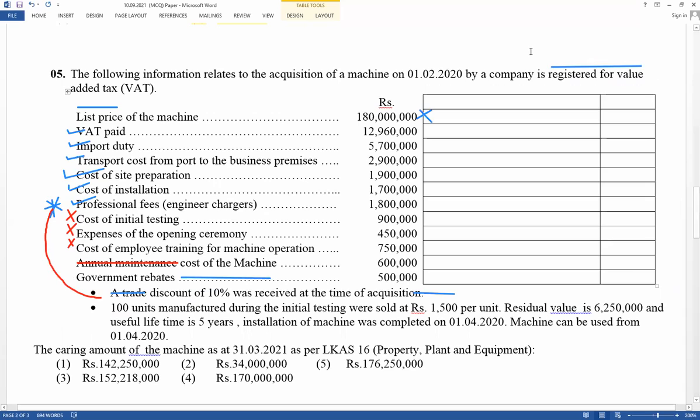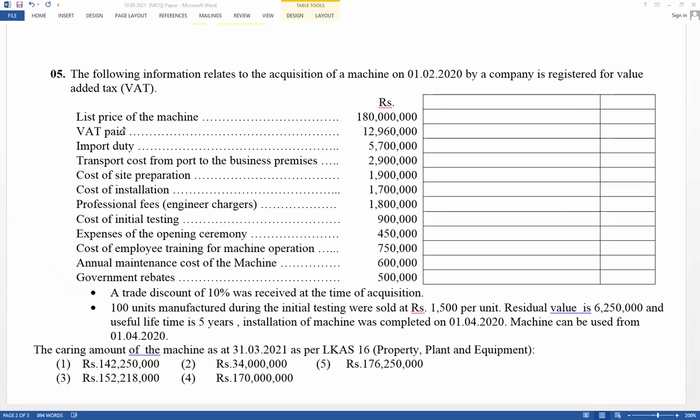Right, try to calculate its value. Think, the list price has been given. Therefore, after deducting trade discounts, take the purchase price. It has given 180,000.